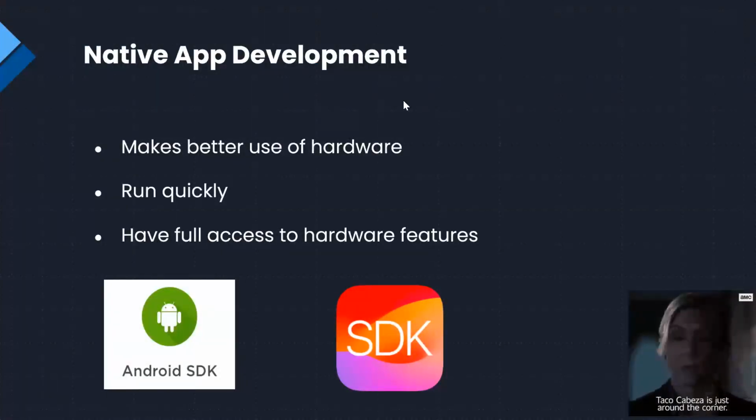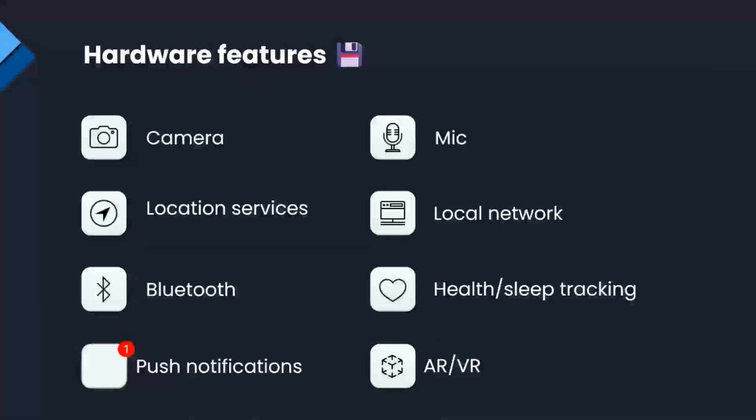The thing with using the native SDK is that it has the best support for the hardware, and it'll usually run fairly quickly. It gives you the most access to hardware features. Like I know Apple is always coming out with new hardware features like 3D touch, or the little pill on the top of the iPhone 14 and 15, and I think they came out with this new API called nearby interactions.